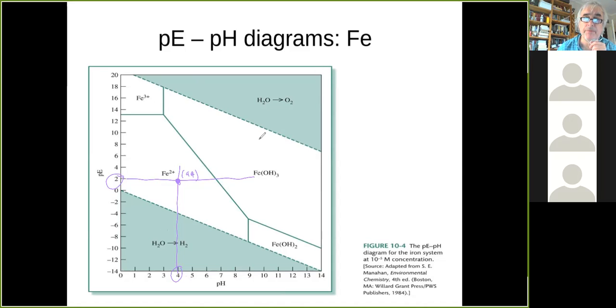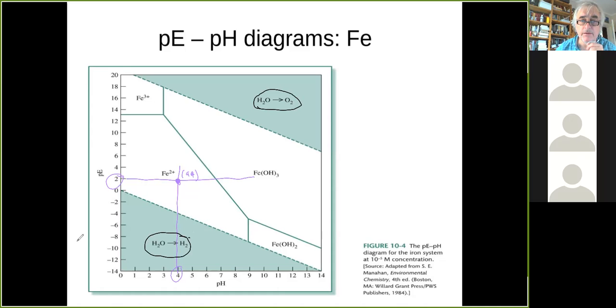And then you see that there seems to be some kind of limits to the map here. Up here, it is said that water decomposes to oxygen, and down here, water decomposes to hydrogen.